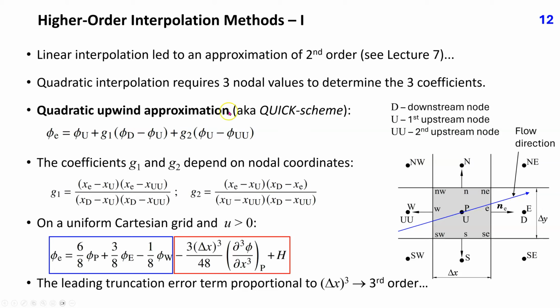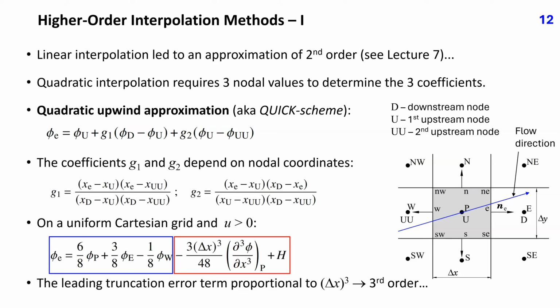This is the interpolation formula, valid for both uniform and non-uniform grids. D denotes the downstream cell center, U the first upstream cell center, and UU the second upstream cell center. The coefficients G1 and G2 are computed from cell center coordinates using these two expressions.